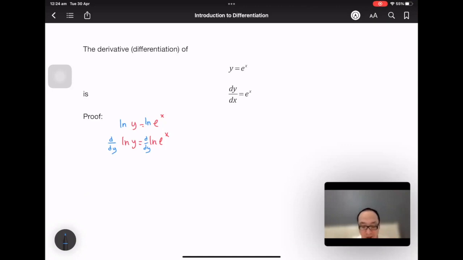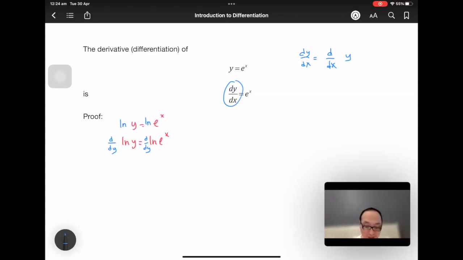The derivative notation here, dy over dx, is a notation of differentiation, meaning we differentiate a function of y. So we can rewrite dy/dx as d/dx of y, because we differentiate with respect to variable x.